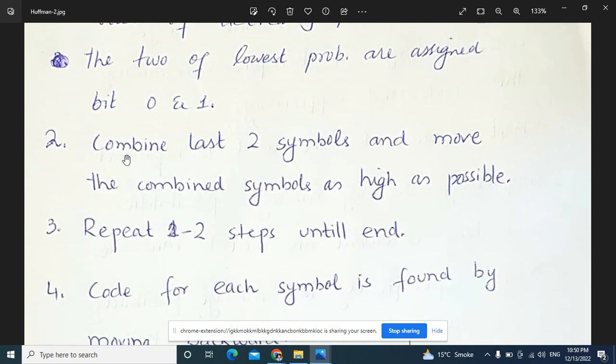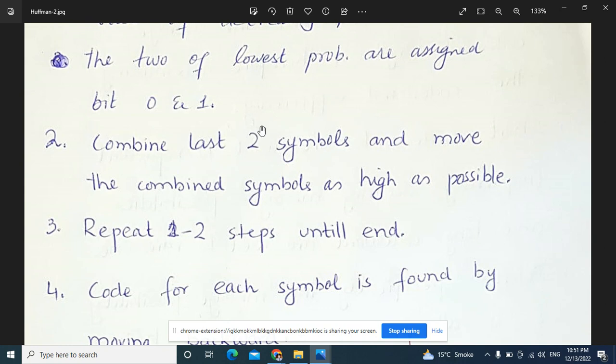The second step is to combine the last two symbols and move the combined symbol as high as possible. So you need to combine these assigned values and add the probabilities of these assigned symbols, and then arrange these symbols as high as possible.